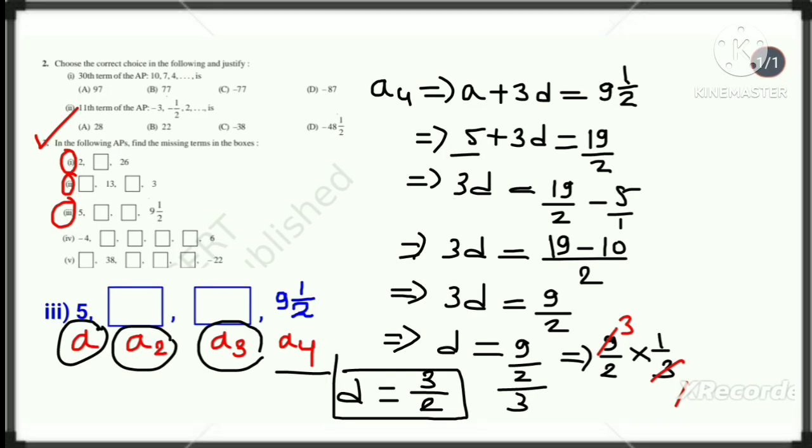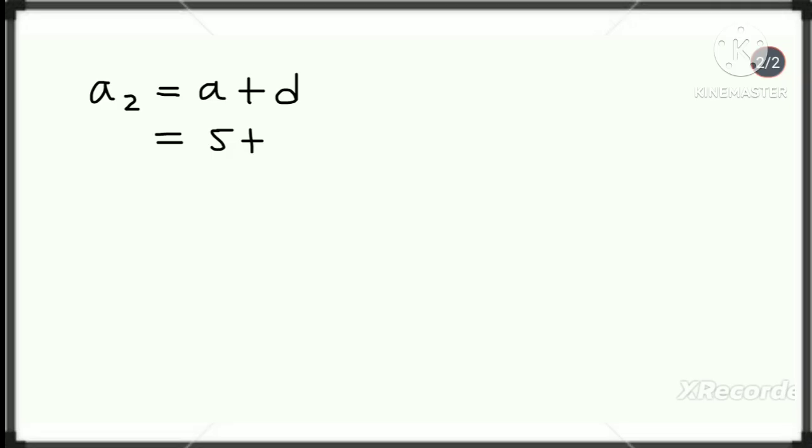Now let's find a2. For that, let's proceed to another page. a2 can be written as a plus d. a equal to 5 plus, and d equal to 3 by 2, which we have obtained, and let's assume here 1, and the LCM of 1 and 2 will be 2, and 1 divides 2 by 2, and 2 into 5 is 10, plus 2 divides 2 by 1, and 1 into 3 is 3.